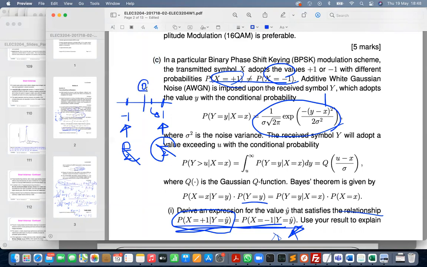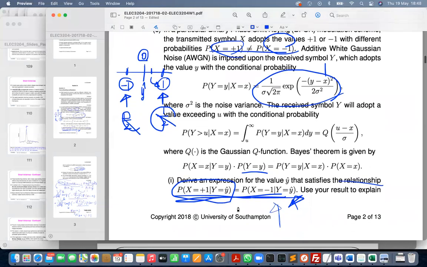What is the decision boundary? It happens when the received signal lies on the boundary where the probability of detecting -1 and the probability of detecting 1 are equal to each other. That's why we have the condition relationship here.